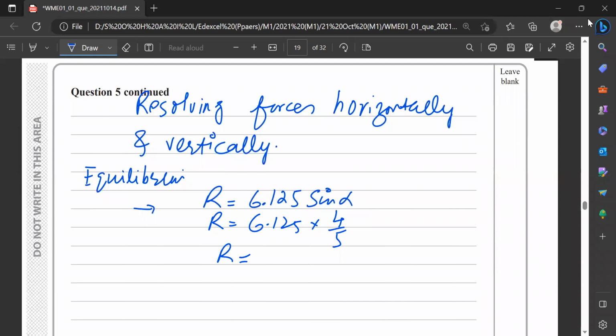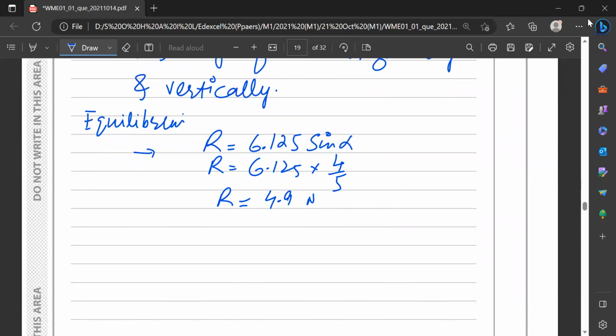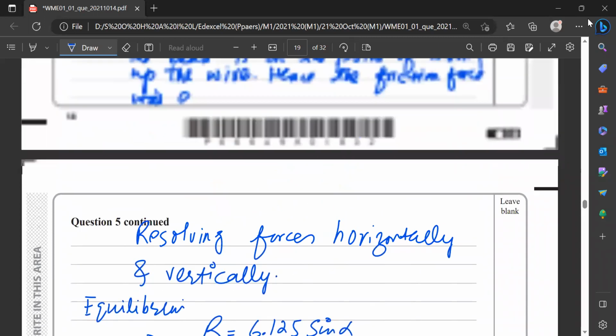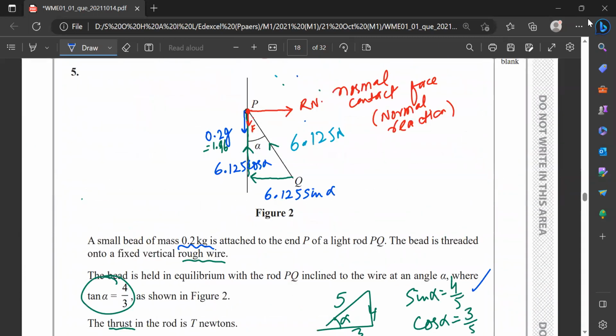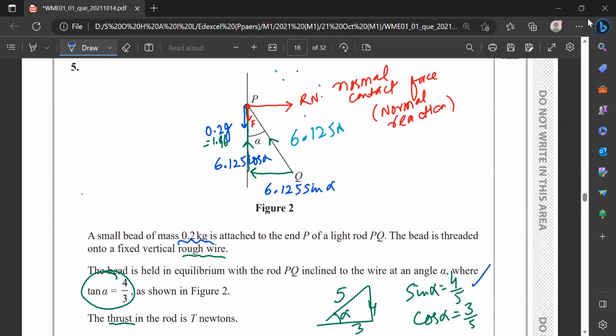So R has the value 6.125 multiplied by 4 over 5, which is 4.9 newtons. And vertically, what is happening? Closely observe, the arrow in the upward direction is only 6.125 cos of alpha. F is acting downward, and 0.2 g downward.